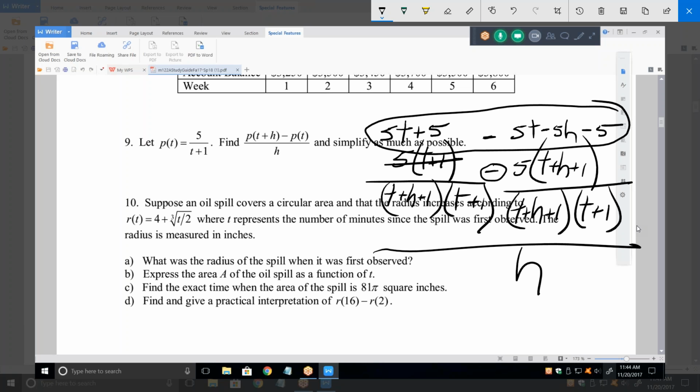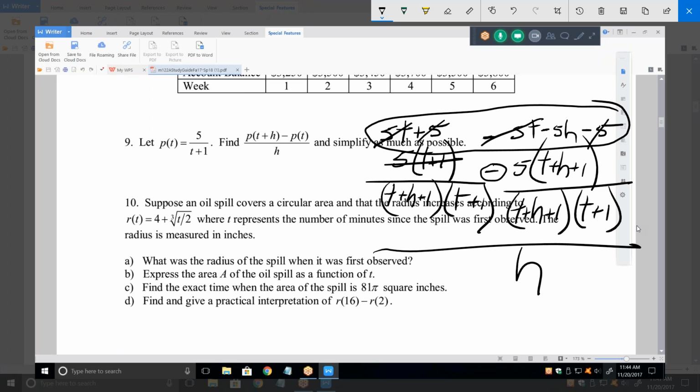We just had it factored and we had to multiply it together. So don't ever go backwards on yourself. In other words, factoring that 5 out would just take us back to the previous step. We distributed the 5 so that we could combine everything. Notice that I got a plus 5t and a minus 5t. Notice that I got a plus 5 and a minus 5.